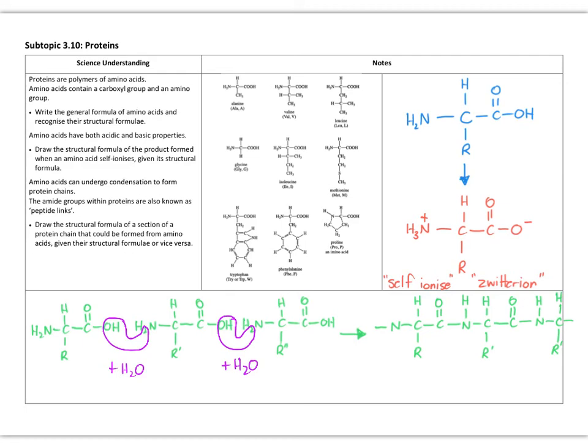Again, we need to be able to sort of identify repeating units. But in amino acids, we don't have this really regular structure like we would in a polymer. We can have lots of variation in this chain of amino acids. And what's different is just what's on the bottom, what these R groups are here. Looking at that, I better fix that up. That should be an R double prime.